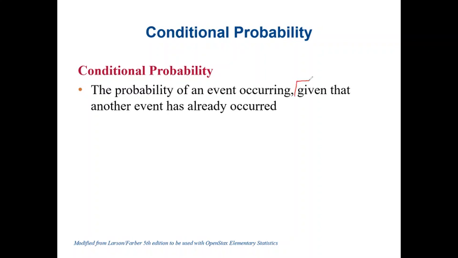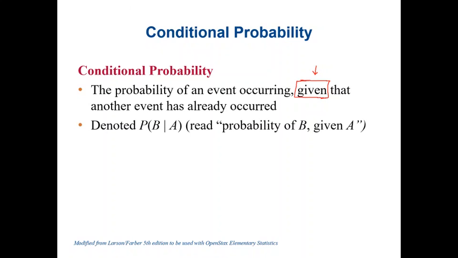There is a word given, and most of the time when we talk about conditional probabilities, this word will be there. So that's the easiest way to recognize that probability. Or if you are talking about a sequence of events, some that has already occurred, be sure to think of conditional probability, okay? Let's see the notation for conditional probability.